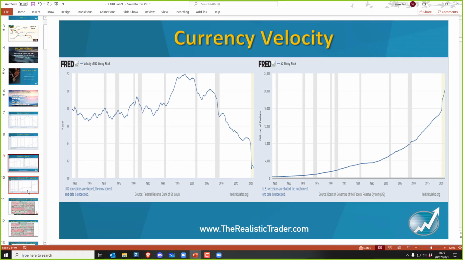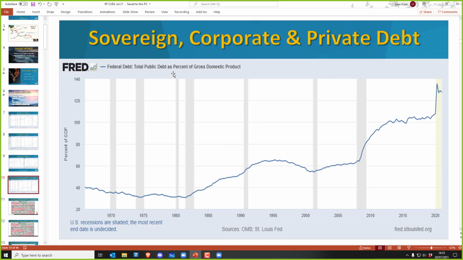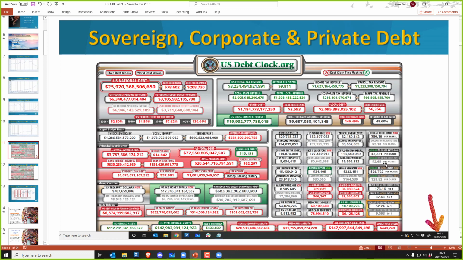So, that's that. Then we have to look at sovereign, corporate, private debt. Again, this is total public debt as a percentage of GDP, well above 100. So yeah, it's just nuts. And this is a picture I took of the US debt clock on the 10th of June 2020, so just over a year ago, and we had 25 trillion, almost 26 trillion in national debt.